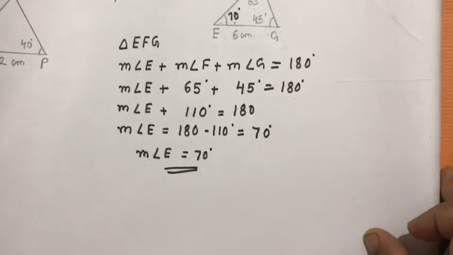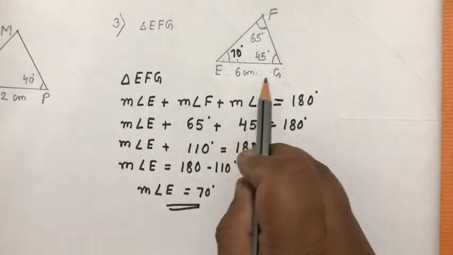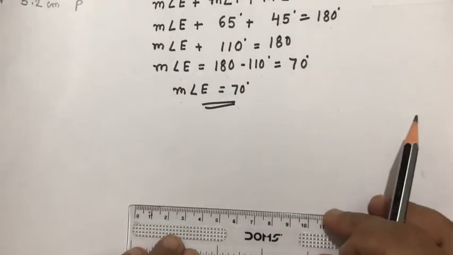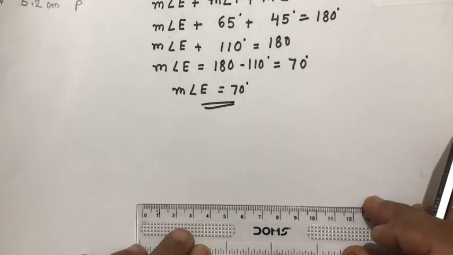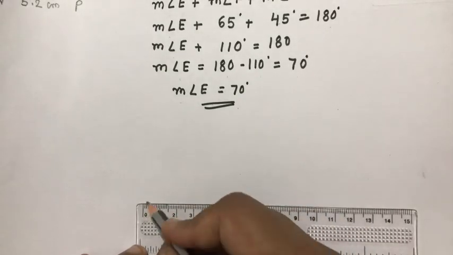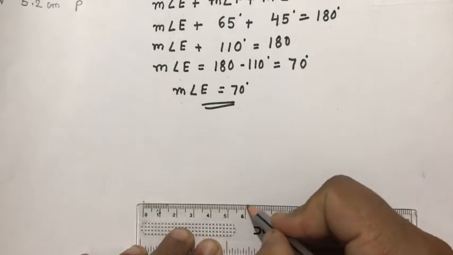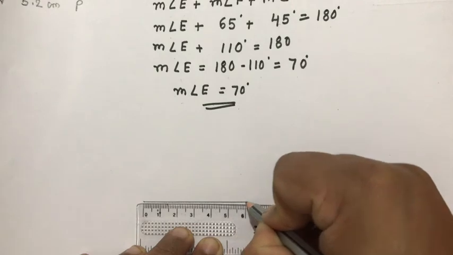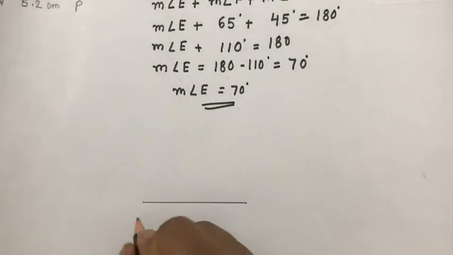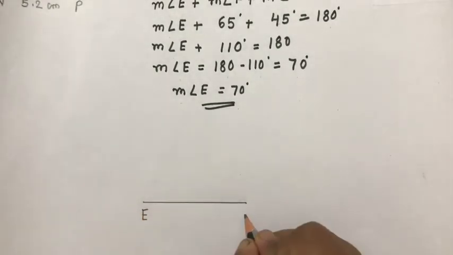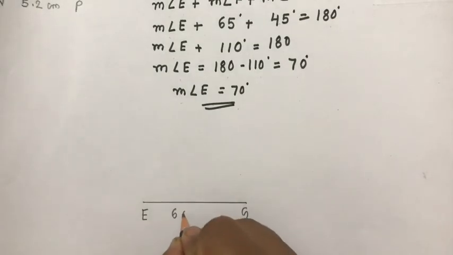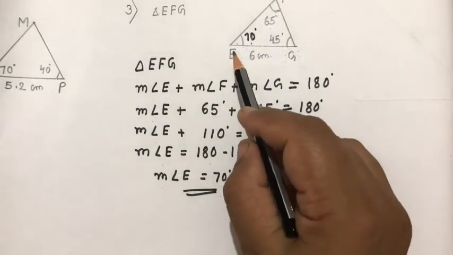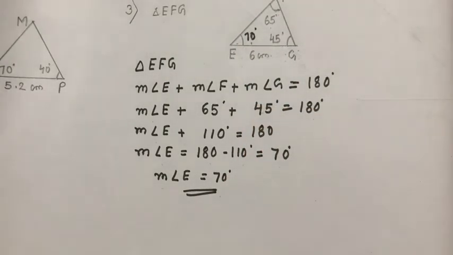So you can see in the rough diagram EG is of 6 centimeter. So you have to draw first EG of 6 centimeter. Next, you can see that measure of angle E is 70 degree.